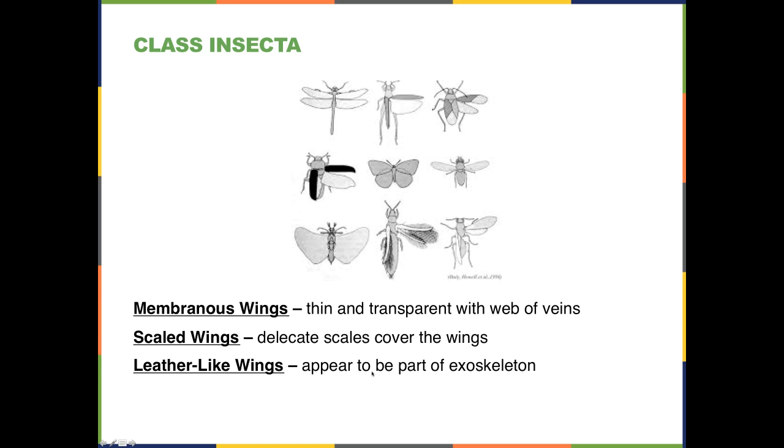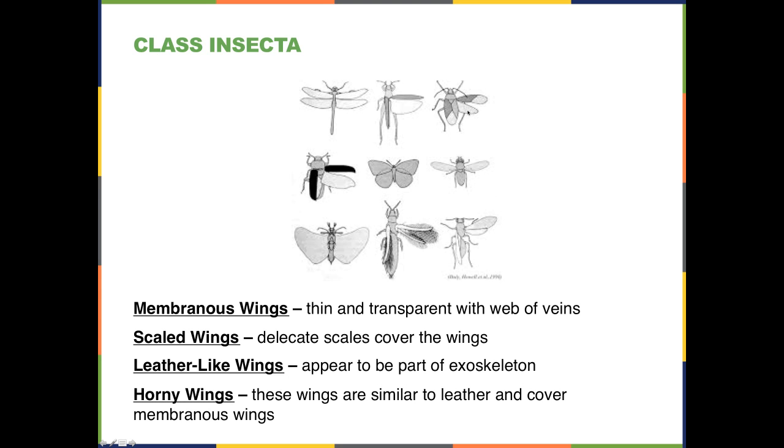The third type of wing is a leather wing, and a leather wing is very much part of the exoskeleton, and this is an example up here of a leather wing. This one piece right here is the leather wing part, and then frequently there's another wing underneath. And then lastly is the horny wing, and this is an example of the horny wing, which is much like the leather wing, but then has a membranous wing underneath that is used for the flying.